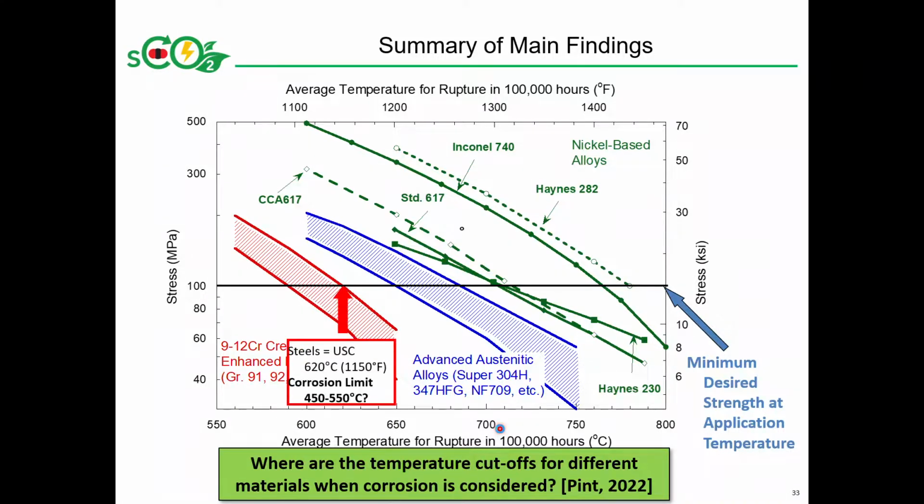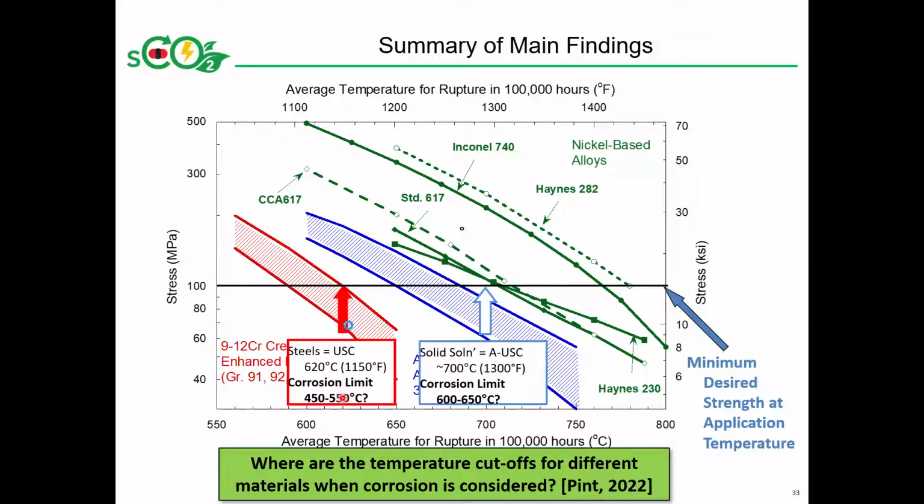So for the steels, even though we can operate them maybe at 620 degrees C from a mechanical property point of view, if we look at the corrosion results, maybe our temperature limit due to corrosion is a little bit lower. Same sort of thing for solid solution alloys for AUSC applications.